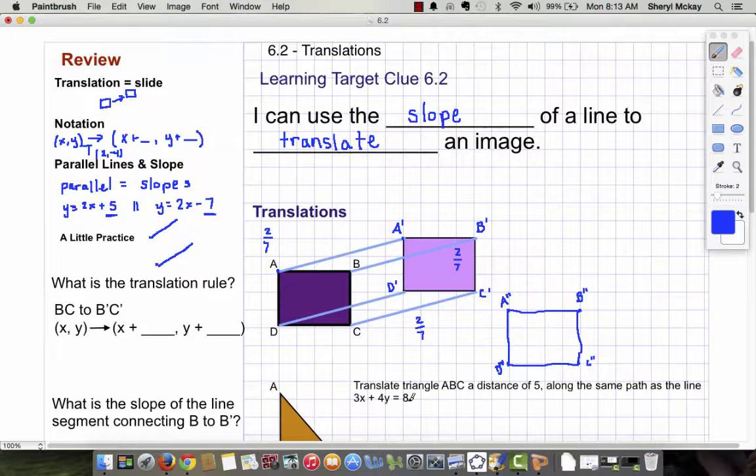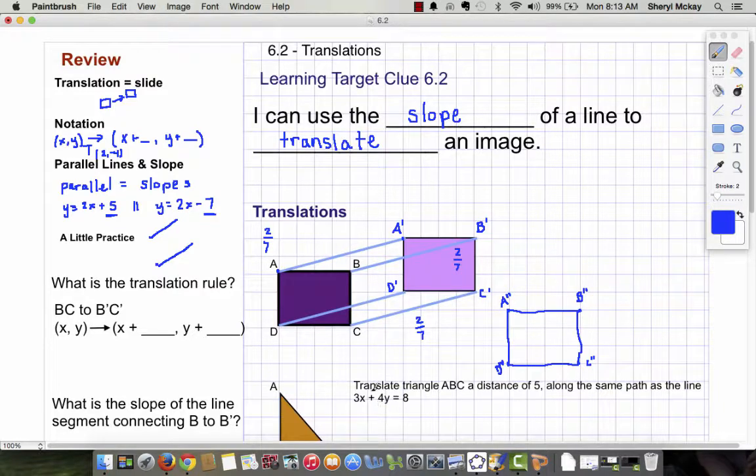Okay? So one of the things that is important, and kind of a cool thing about translations, is that if you know the slope of the line segment, or the line that the point is on, you can translate the different points easily.